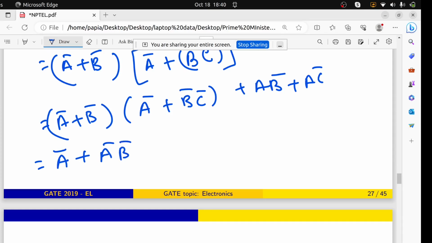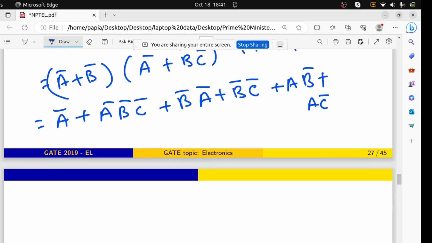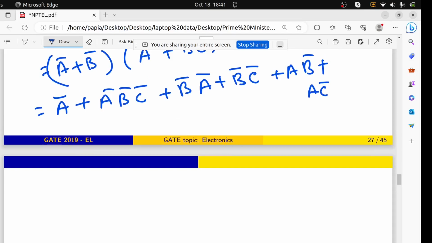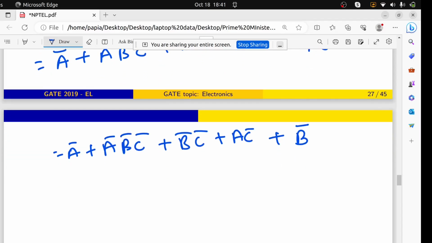Then A bar B bar C bar plus B bar A bar plus B bar C. So that means B bar C bar plus A B bar plus A C bar. Now I have to simplify that one. So B bar C bar plus A C bar plus B bar A bar. We can put B bar as common, and A plus A bar gives 1. So that means simply this B bar.